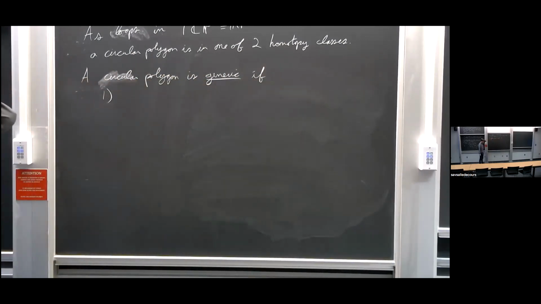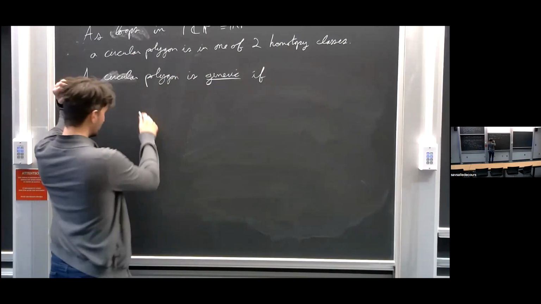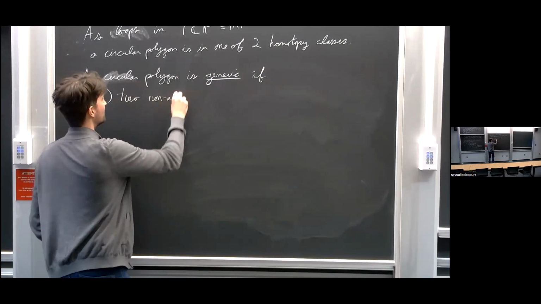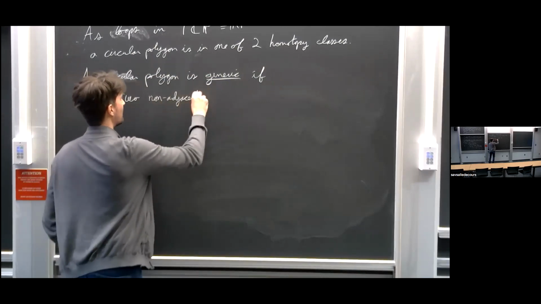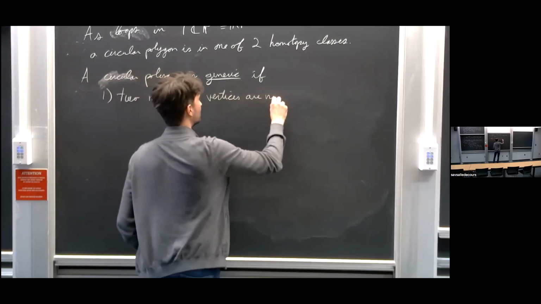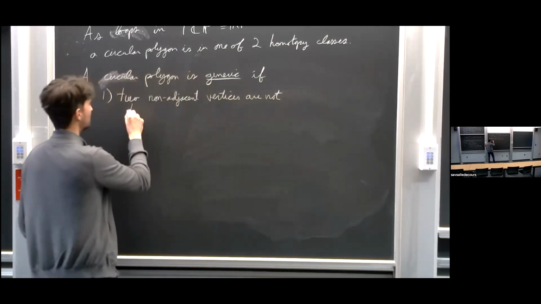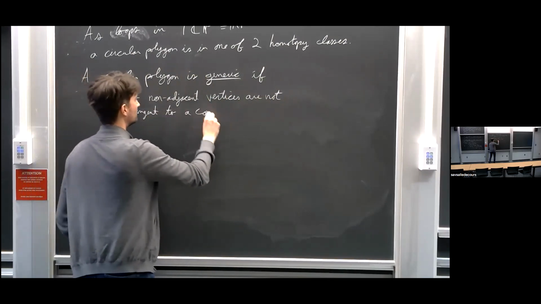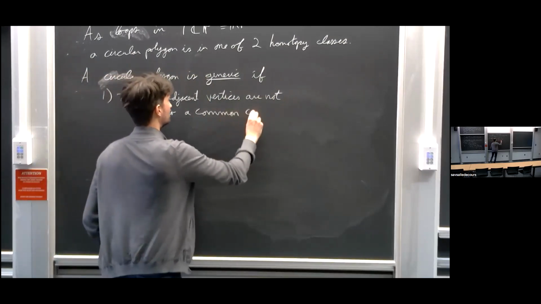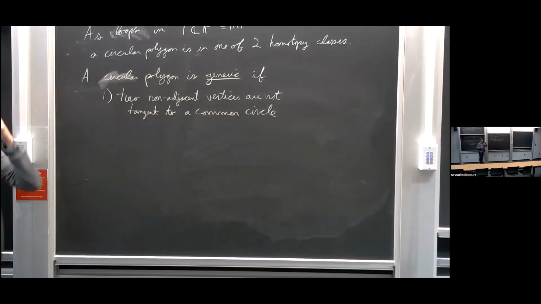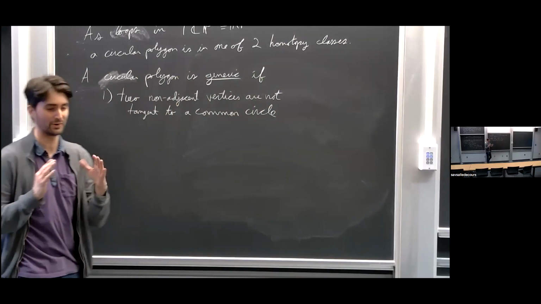So first, two non-adjacent vertices are not tangent to a common circle. And whenever I say the word tangent, I will mean tangent with the orientation matching.